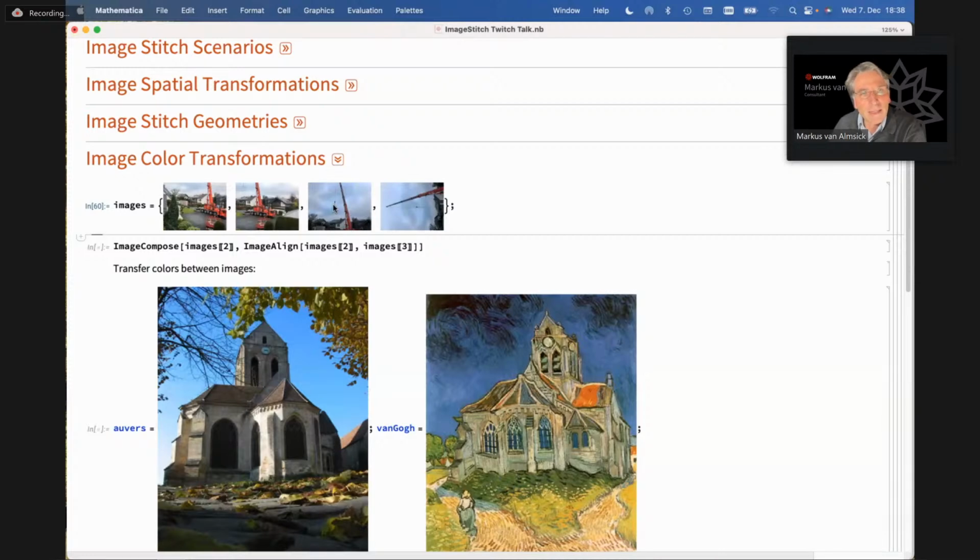What happens in these cases is that the aperture of your camera will change. That means that the whole coloring or brightness of this image is intrinsically different than in this image. You can nicely see that by doing a simple image align of image 2 and 3, and then superimposing that on image 2.